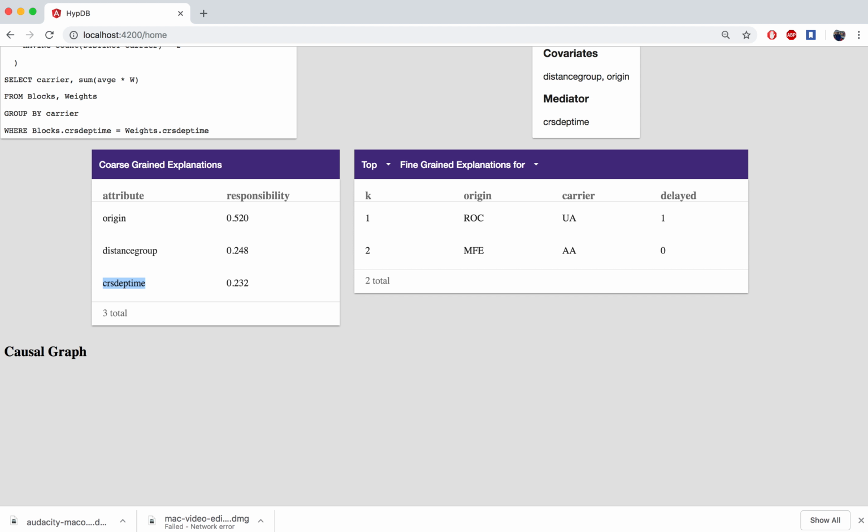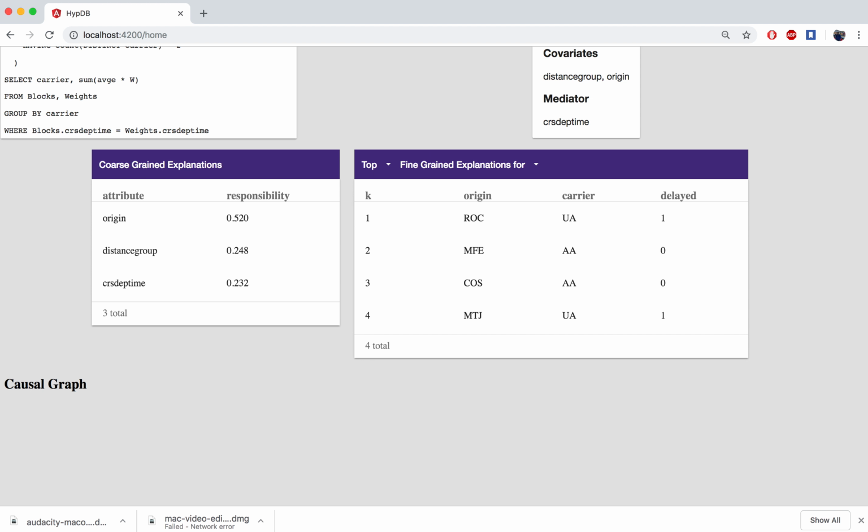In this case, the top four fine-grained explanations for origin airport indicate that United Airlines frequently flies from airports such as Rochester Airport that has a lot of weather-related flight delay, whereas American Airlines frequently flies from airports such as McAllen Miller that has fewer delay. And this simply explains why the initial SQL query that we started with was biased toward American Airlines.